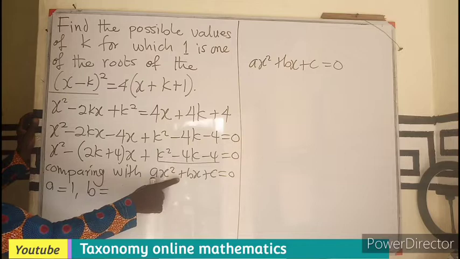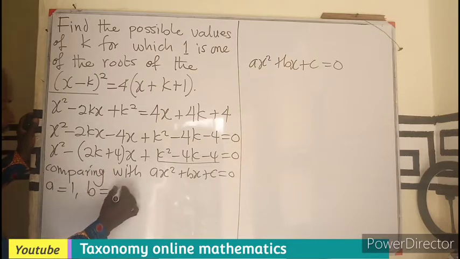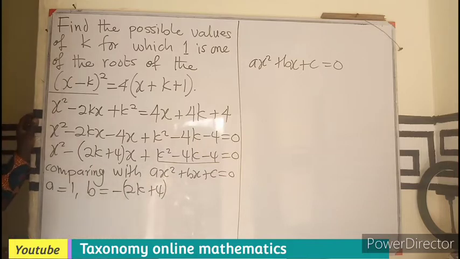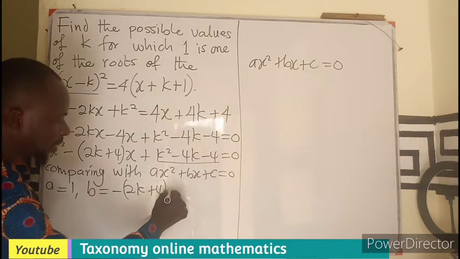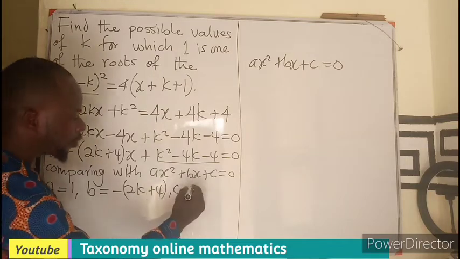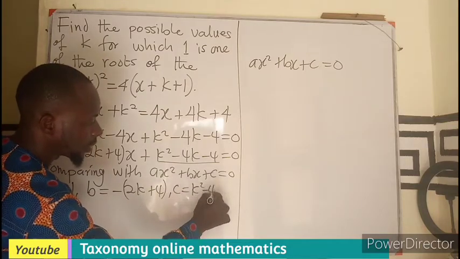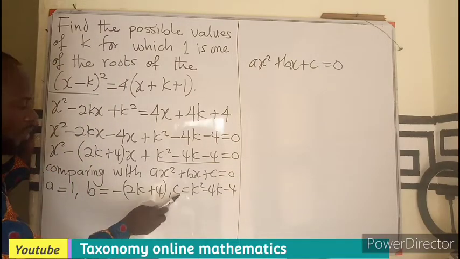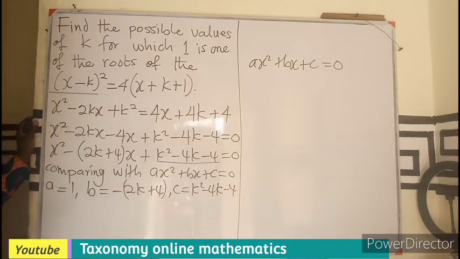Our b is going to be this, minus (2k plus 4) in bracket this way. Don't forget, if you open the bracket, this will be negative. Then your c is going to be k squared minus 4k minus 4. That is the value of the constant term we are seeing there.